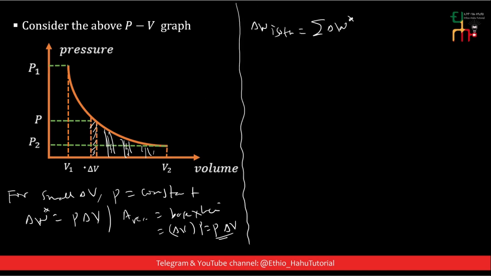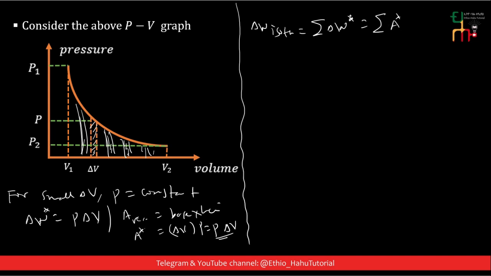Work done in an isothermal process is equal to the sum of this work done, delta W star. This delta W star is the area of this rectangular strip. When we sum up all the areas of these rectangular strips, we get the total area, and this is equal to the sum of area A asterisk.